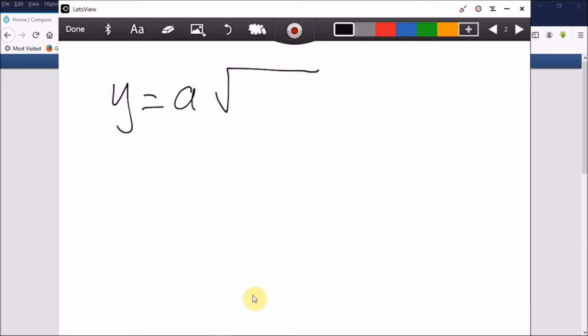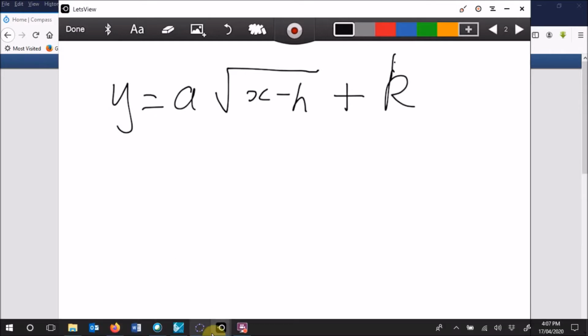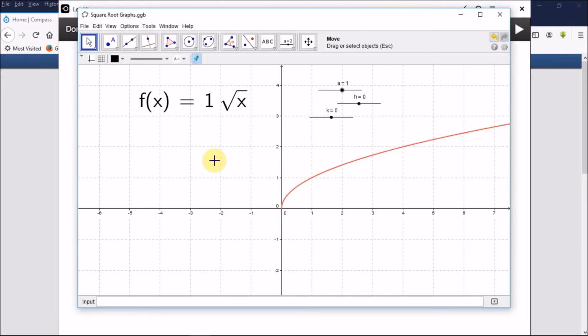We could have a number in the square root with the x, or we could have some number out on the end. So you'll notice I've used h and k again. So let's go and have a look at this here, square root graphs, and see.